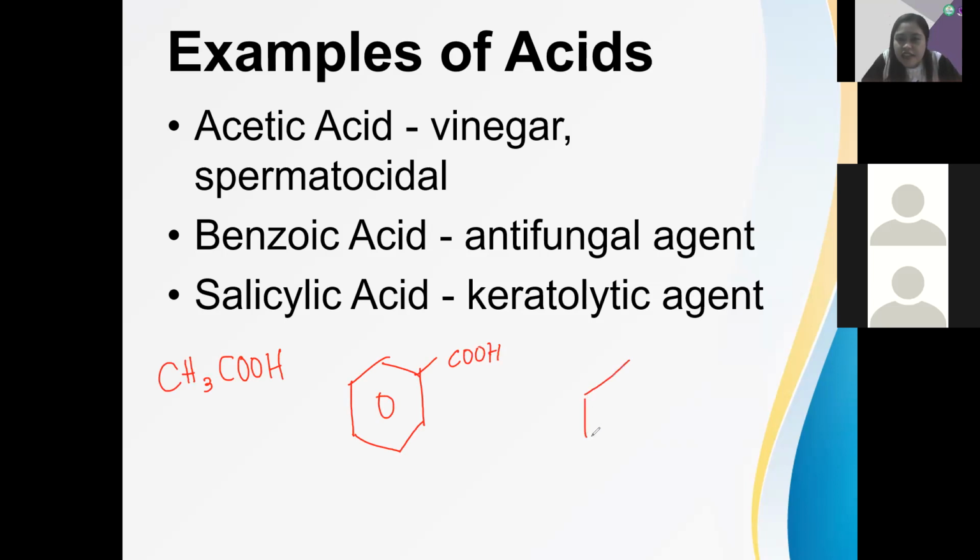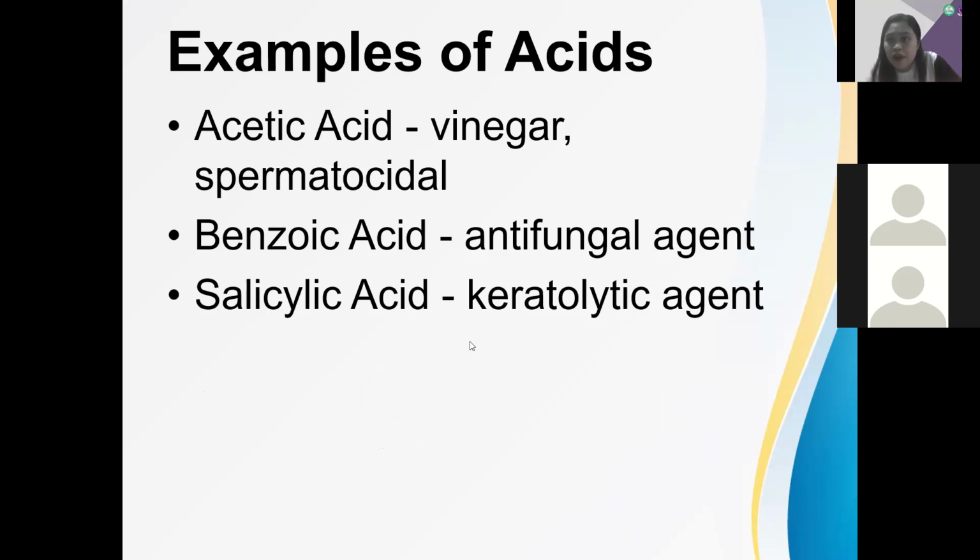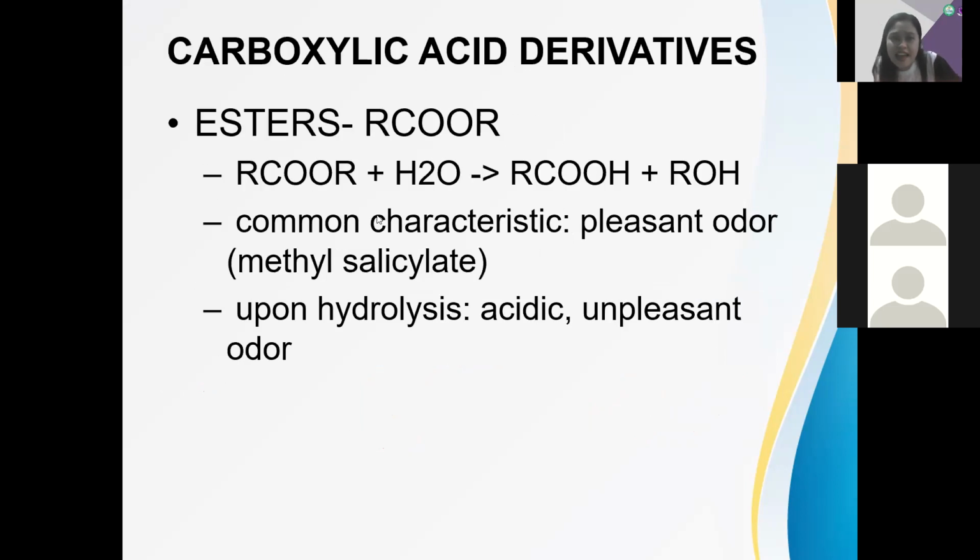And then the salicylic acid is also a benzene ring with the COOH and OH here. That's the structure for our salicylic acid. So you still have the COOH. All of them contain carbon, so they are organic acids.